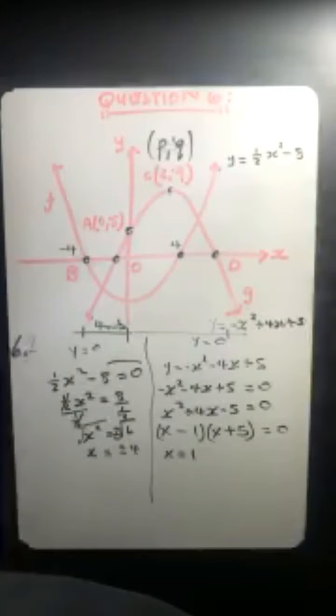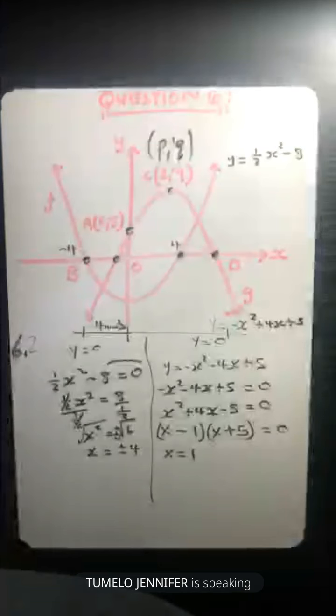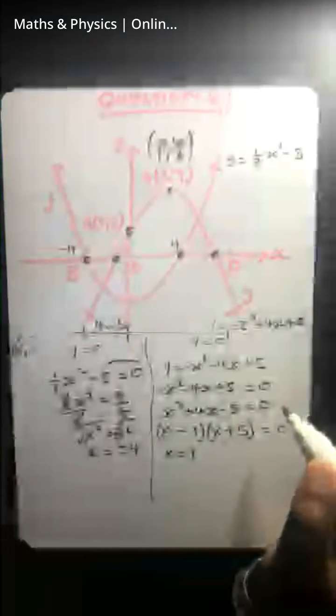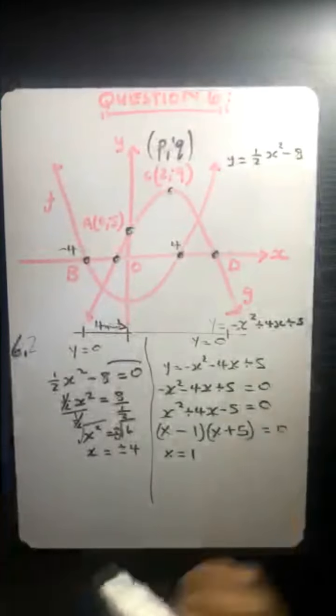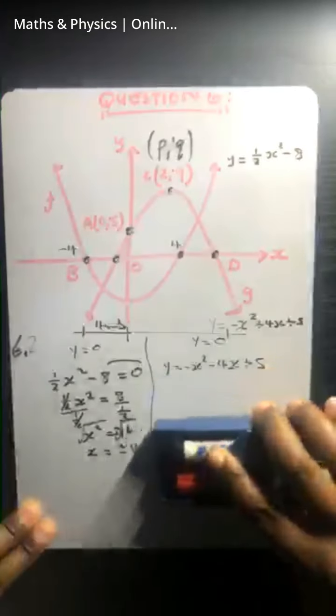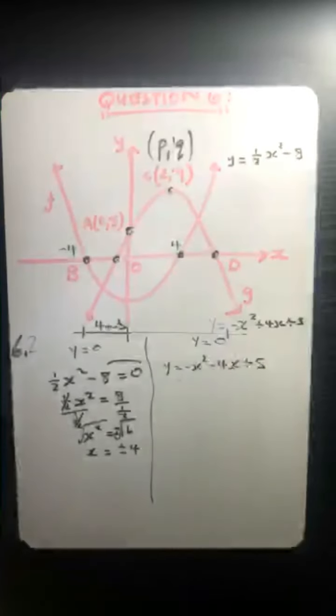Wait, guys. So the equation should be x squared minus 4x minus 5, not positive 4. Why am I not seeing my mistake? Let me start again, because it has to make sense to me.